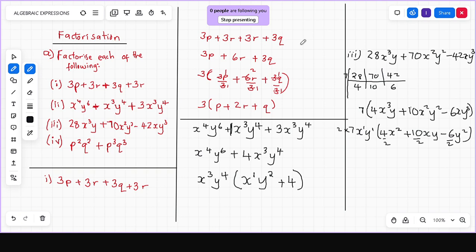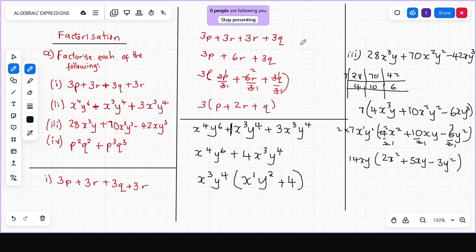So we got 14xy, because we multiply by 2, into bracket: 4 by 2 is 2, 2x squared plus 10 by 2 is 5, 5xy minus 6 by 2 is 3, 3y squared. And that's the answer. So initially we continue dividing by 2 so that we get the GCD to be 14.